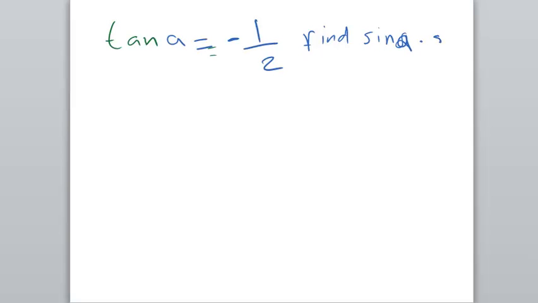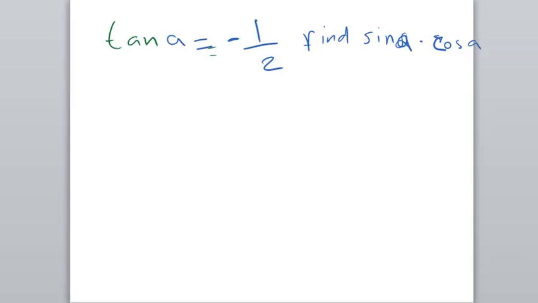And it says that tangent A is equal to negative 1 over 2, and it asks you to find sine A times cos A. I like A more than beta because it is more modern.